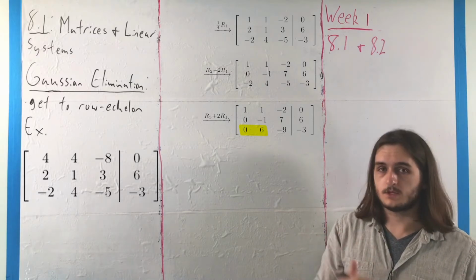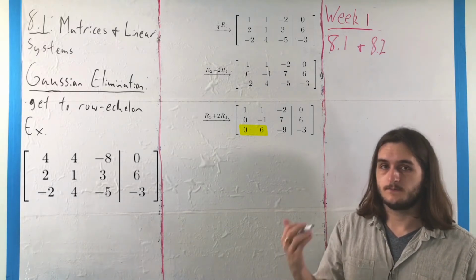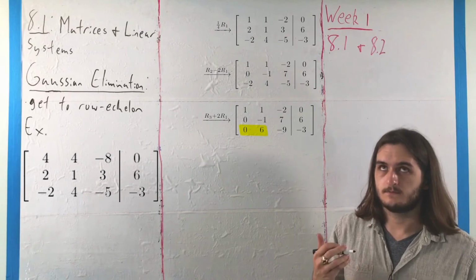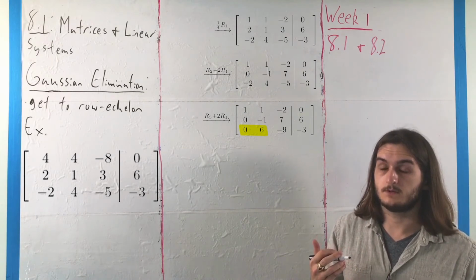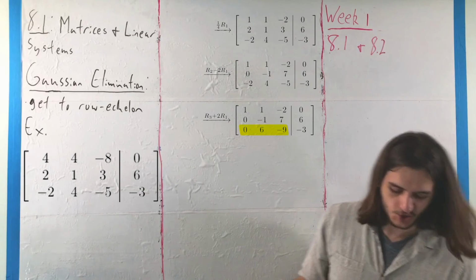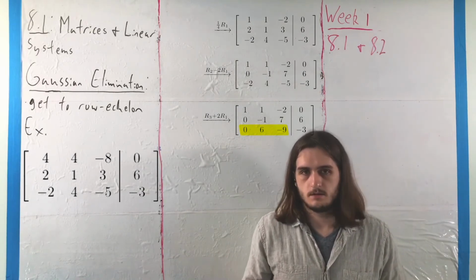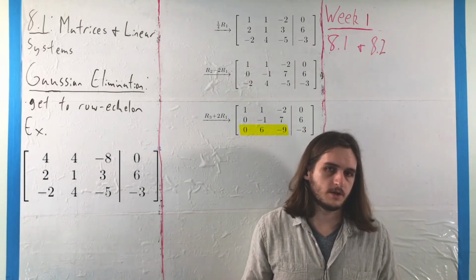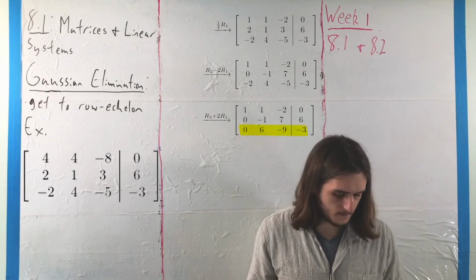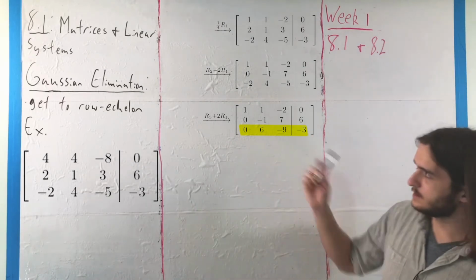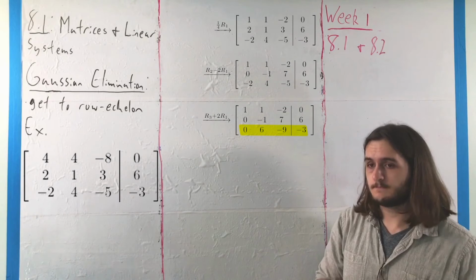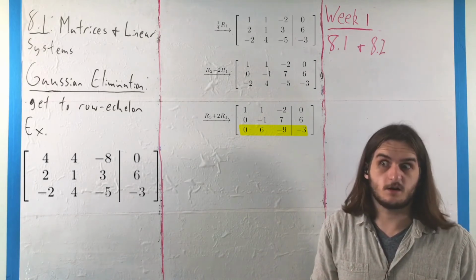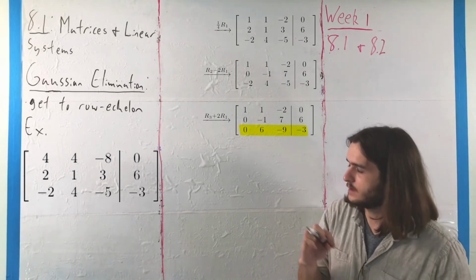So you get negative 2 times 2, negative 4, minus 5, you get negative 9. That's the long and short of it. And then 2 times 0 is 0, plus negative 3 is still negative 3. So what you're going to end up with after all that is something of this form. Again, lots of simple steps, but there are a lot of them, so you just have to be careful.